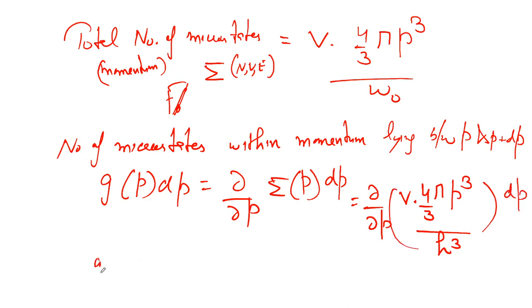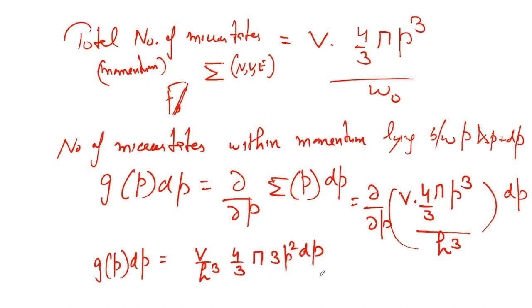So when you solve this, g(p) dp, the total number of microstates within this momentum limit, is of the order of V over h cube, 4 by 3 pi 3p square into dp. So that comes out to be V into 4 pi p square over h cube into dp.